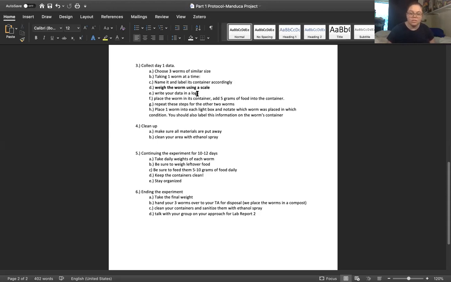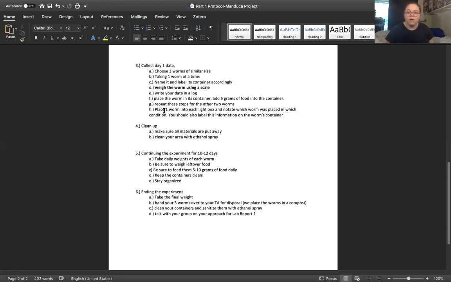Let's say that he's 3.3 grams. You put that into your log, and you place him into his container, right? So now you have Mary, Jack, and Jill all in their containers. You have each one labeled with their name, with which group number you are, and which condition they represent, light, dark, or control.